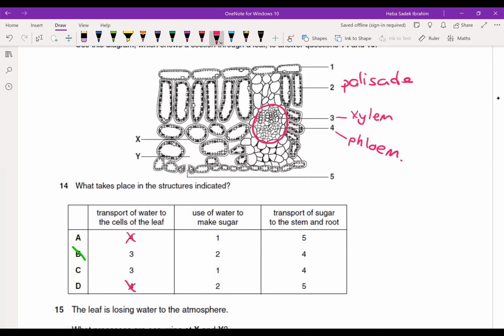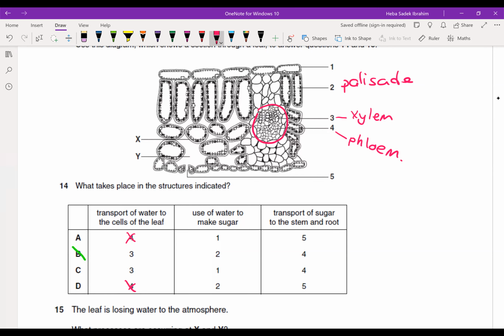This is where the water uptake is going to be used in photosynthesis. It happens in the mesophyll cells, the palisade and spongy, which do the photosynthesis. So 3 and 2 are out automatically. Transport of sugar is going to happen at 4, which is the vessels for the food. So our answer is B. Do you see why it's B?